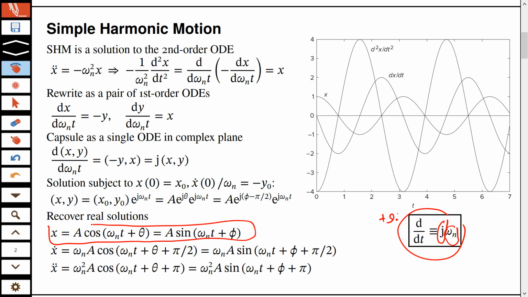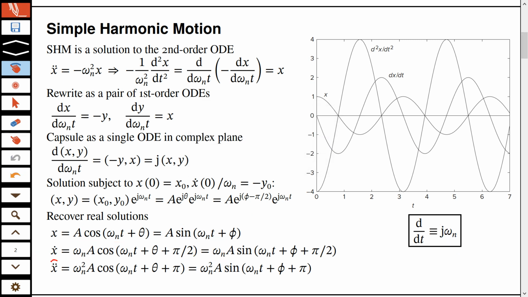We start with this solution, we differentiate with respect to time, and that is the same as multiplication by omega n, and changing the phase by plus 90. Whether you use this form or this form, in both cases the result is the same. Multiply by omega n, change the phase by plus 90 degrees.